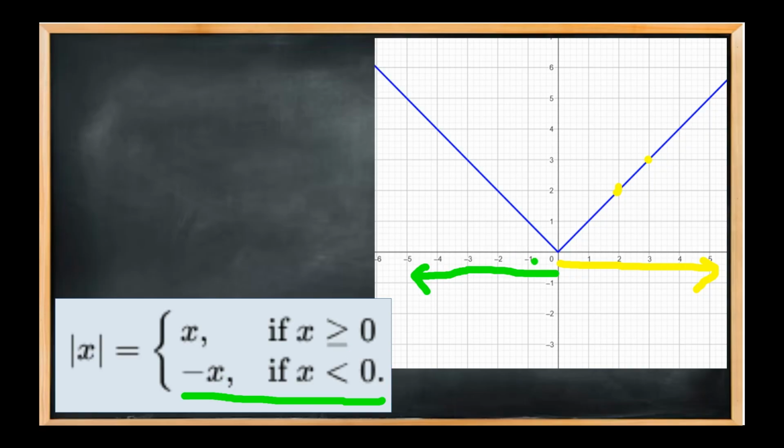So if you have minus 1 as x, it will be minus minus 1, which is a positive 1. So the positive values will be retained. For minus 2, the value of y would be plus 2. That's where this kind of V graph is formed, which has all the values of the function as positive, irrespective of whether x is negative or positive.